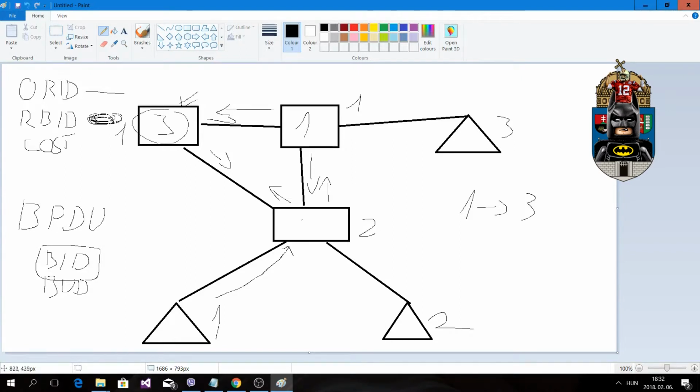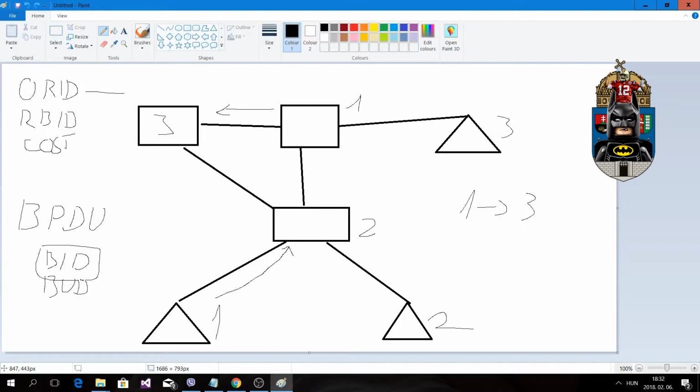The exact same thing will happen here. It will realize that there is another root bridge ID which is smaller than mine, so the other will be the root bridge.